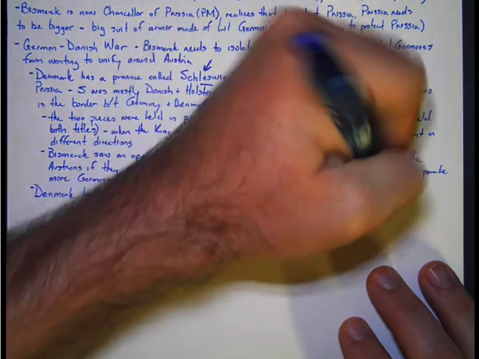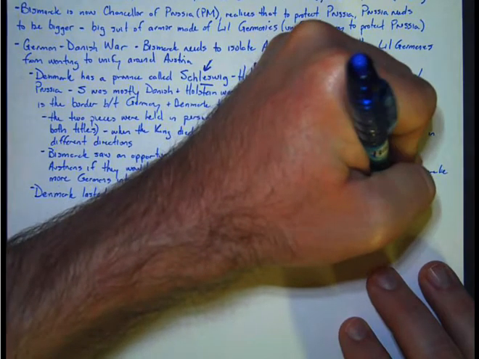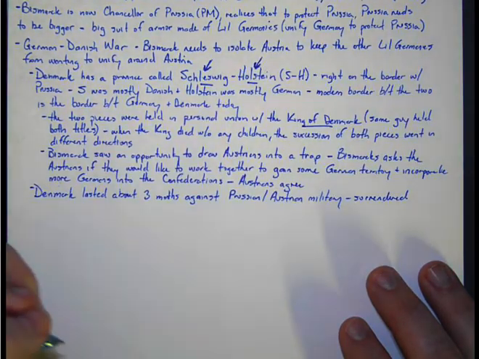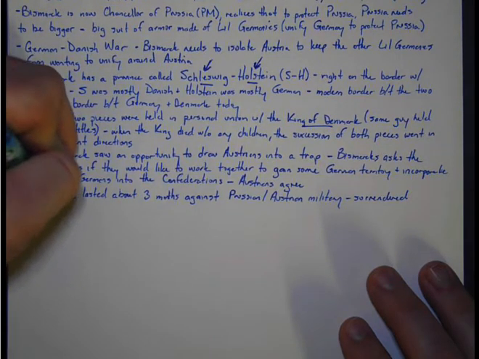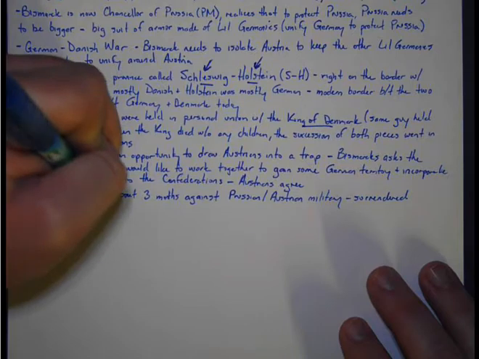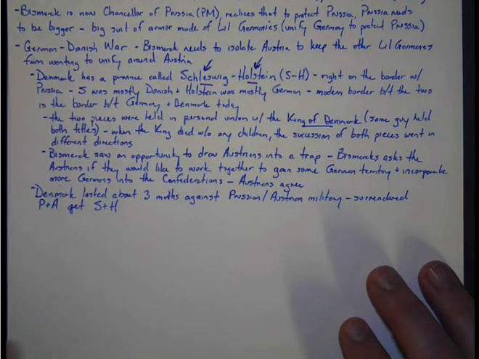And then they finally surrendered. And Prussia and Austria get both Schleswig and Holstein.